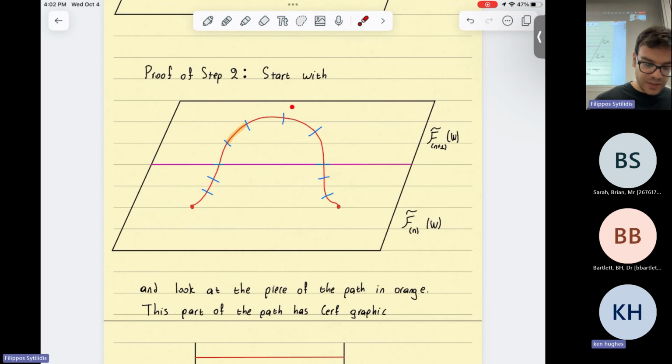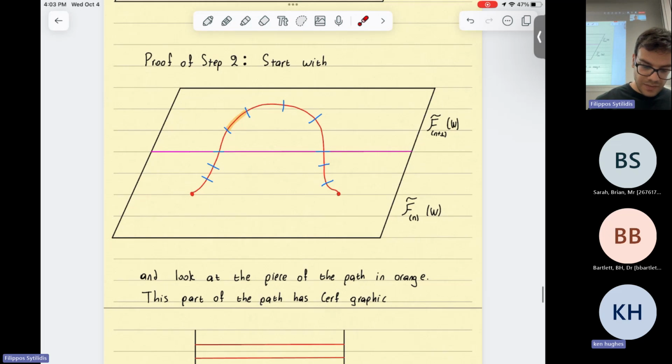And I'm going to start with this guy that we have, and look at this little piece that I have in orange. Okay, what is this? If I just look at the orange part, I have a path of Morse functions, and I don't cross the F1 strata while I am in this orange part.